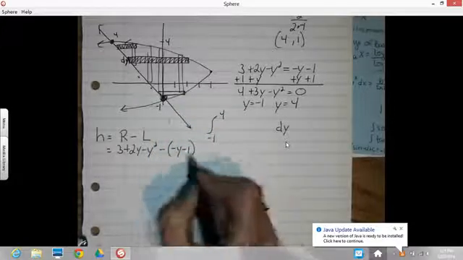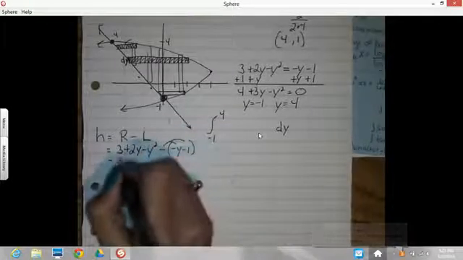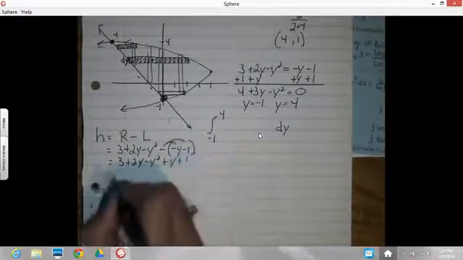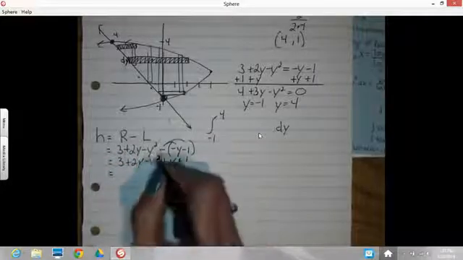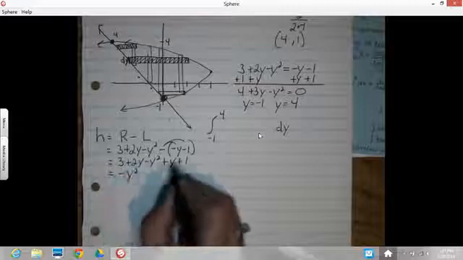So I'll distribute: 3 plus 2y minus y squared plus y plus 1. Combining like terms, I'm going to pull the squared term to the front. 2y plus y is a plus 3y. 3 plus 1 is a 4. So there's my height.